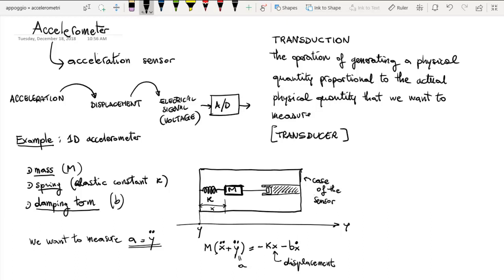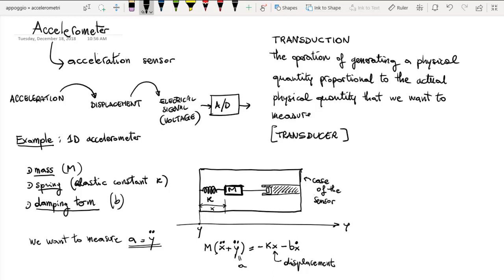Because it is the position of the mass with respect to 0. x equal to 0 is the rest position, because when x is equal to 0, in what I have drawn here, the spring does not apply any force, and therefore we want to translate this a into an x.